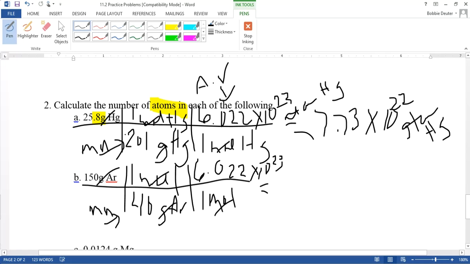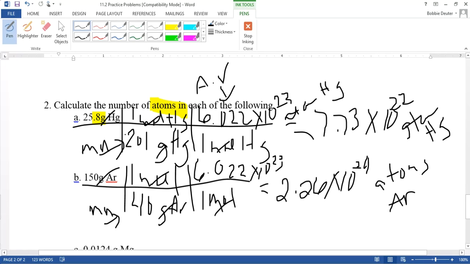Moles cancel out. Now we take our 150 times our 6.022 times 10 to the 23rd, divided by 40, and we get 2.26 times 10 to the 24th atoms of argon. So basically we just added one more step from yesterday.